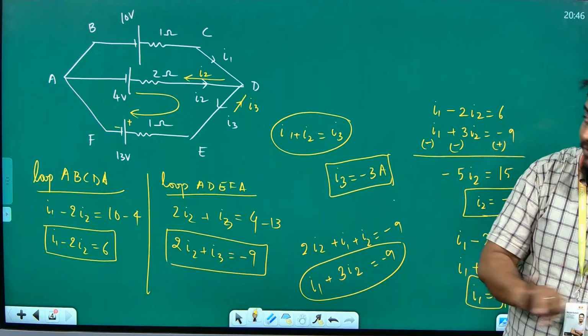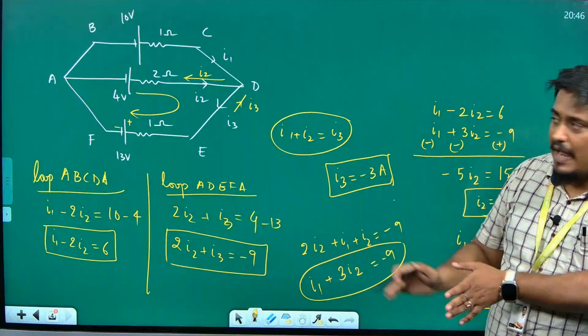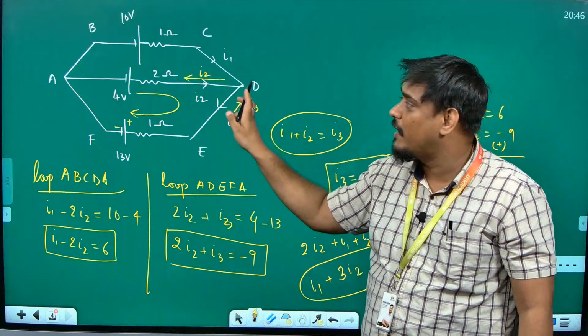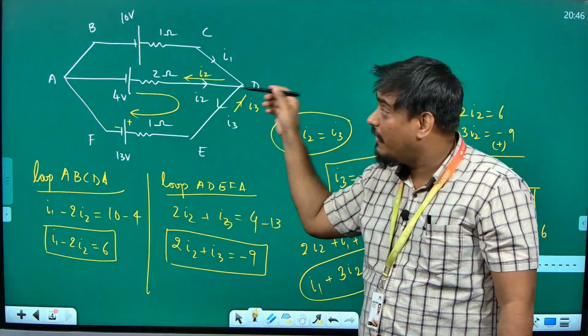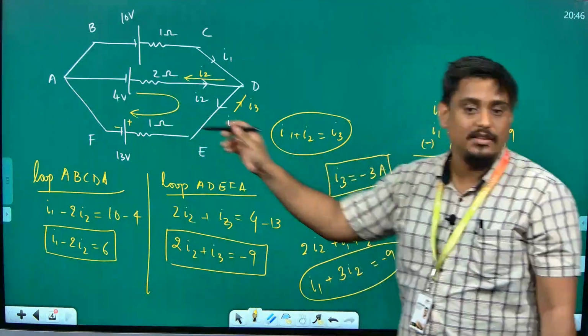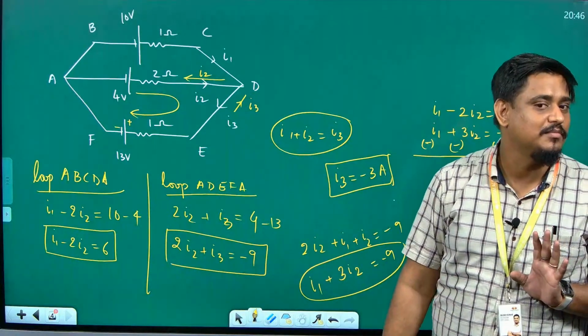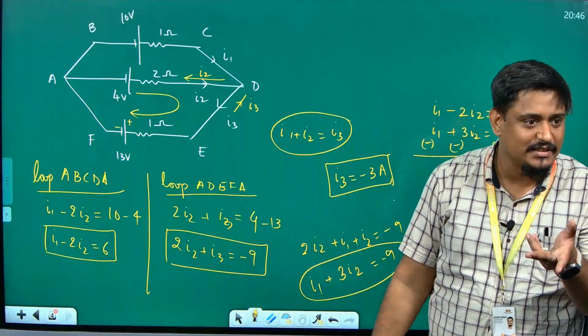In reality, if you make this kind of circuit and keep an ammeter here, it will show no deflection because no current will enter here, and current will enter in this direction, 3 ampere, and in this direction 3 ampere will come.